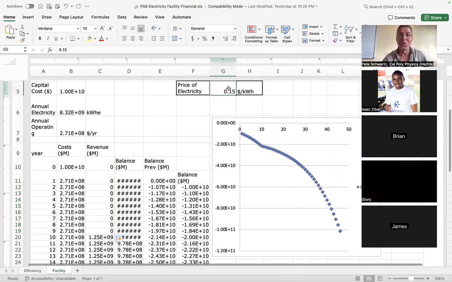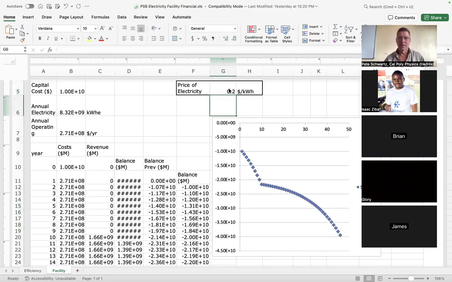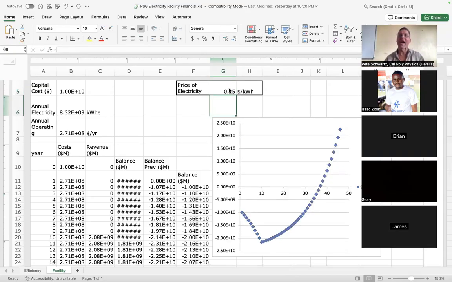So I've got to charge more money. That's not enough. How about 25 cents a kilowatt hour? Now we're okay. So now what we see is I go deeper and deeper into debt for 10 years. And now my revenue is enough to get me back out of debt.